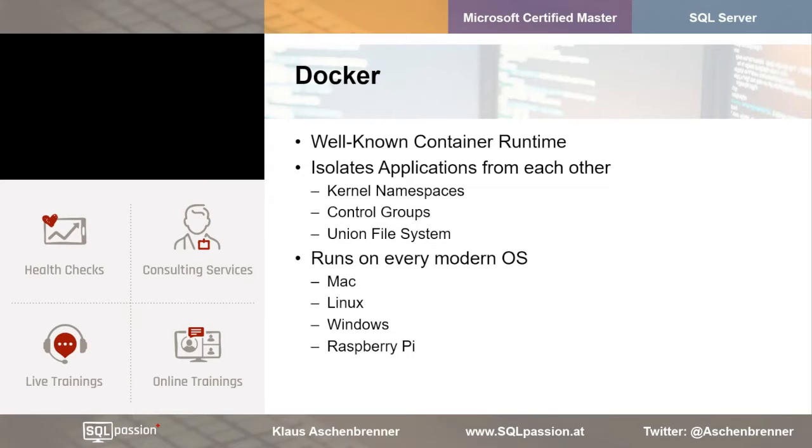Docker is just one well-known container runtime. There are also other runtimes. So Docker just provides you a container runtime and isolates all those containers from each other. So you can think that the Docker container is something like a virtual machine, or let's call it a virtual application.